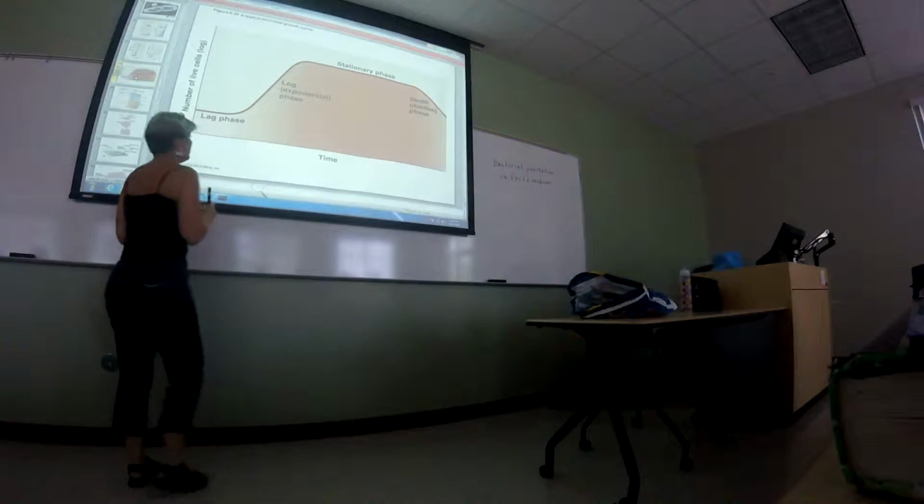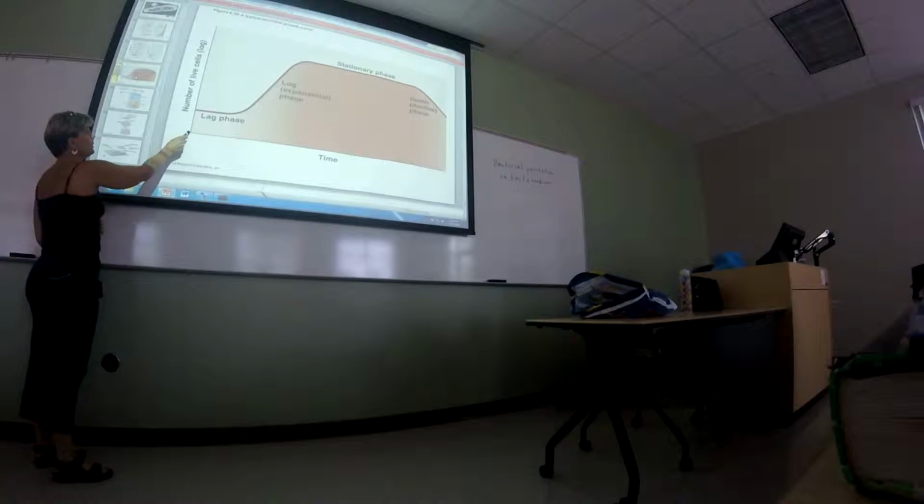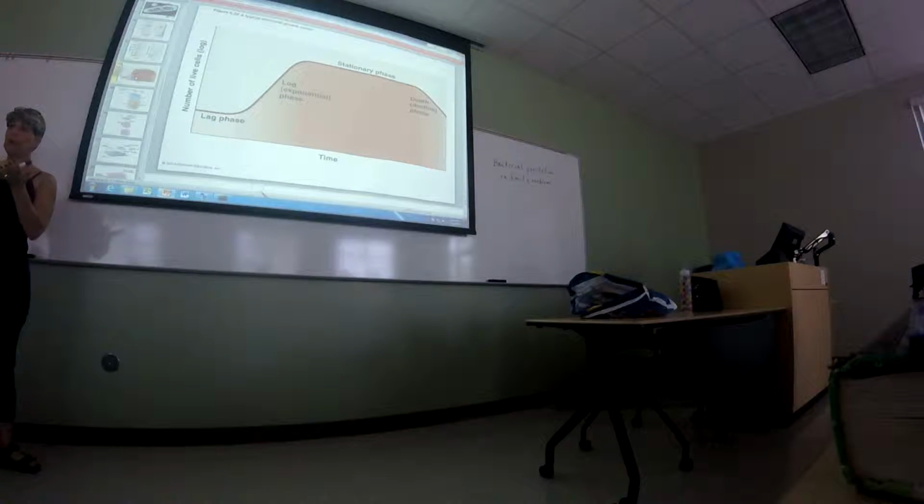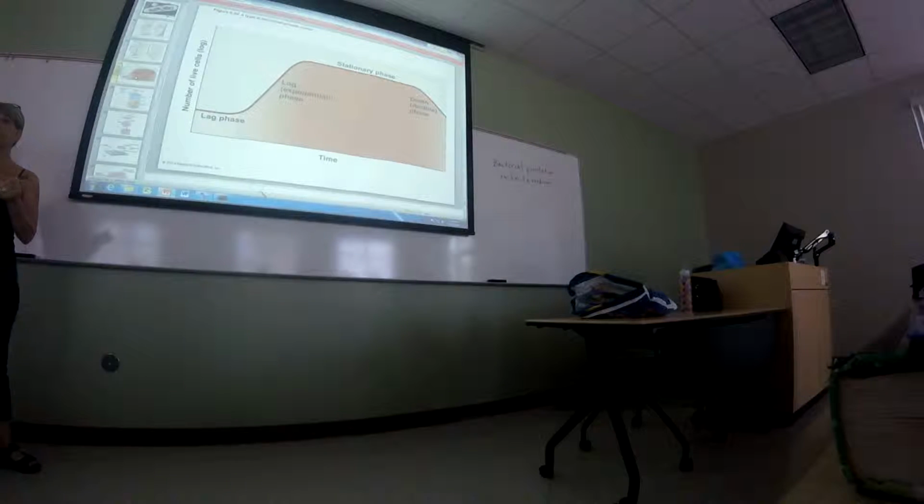One thing I don't like about this curve is I would put a 0 here. And when you inoculate your bacterium, you can't start with 0, because 0 cells can't divide and make 2 cells. You have to start with at least 1 cell. And usually you don't know how many you're starting with.